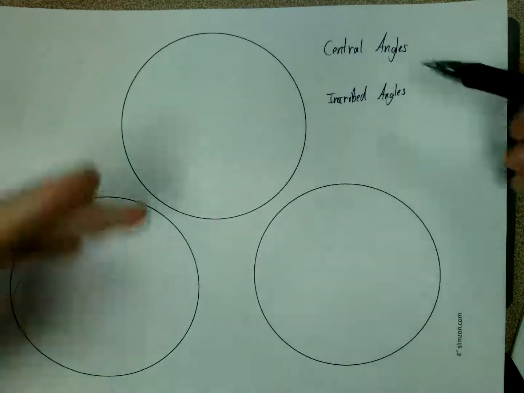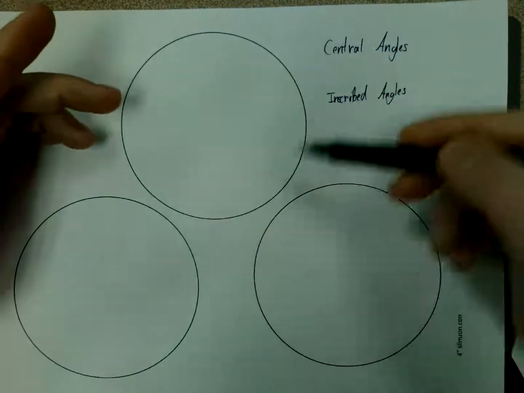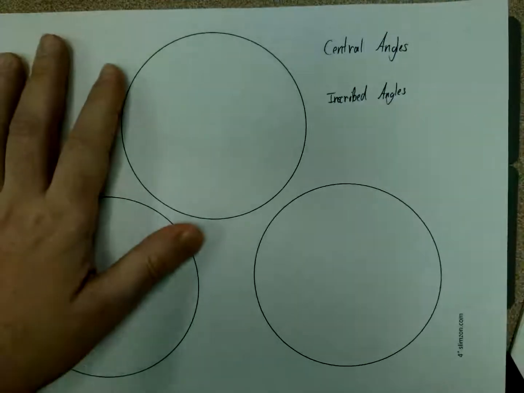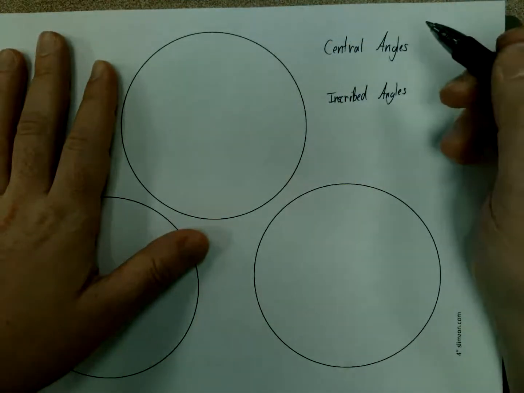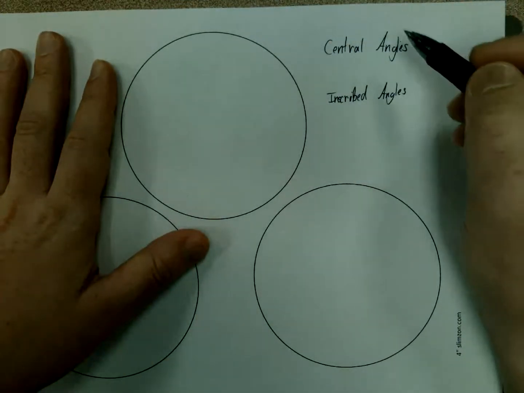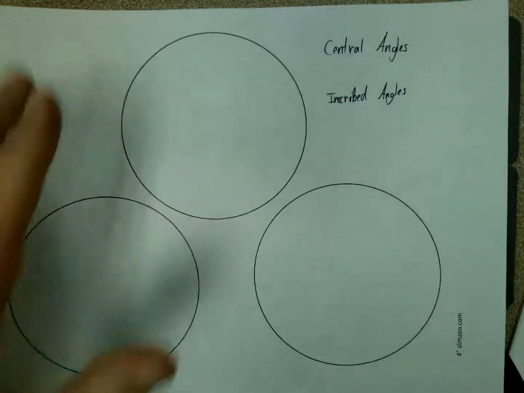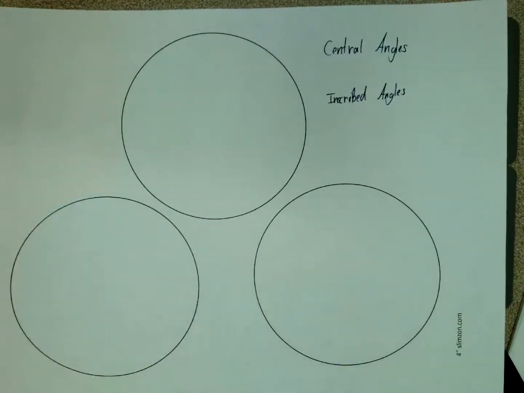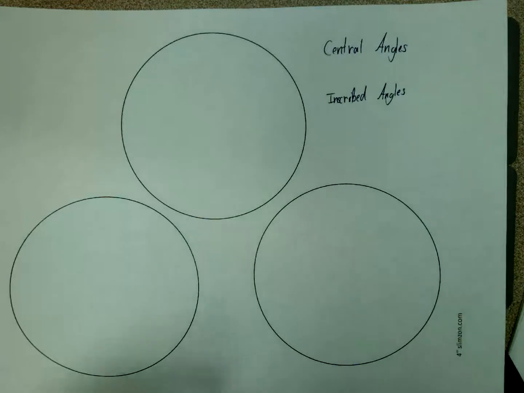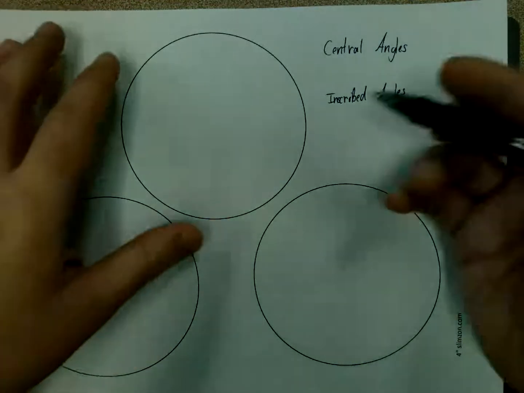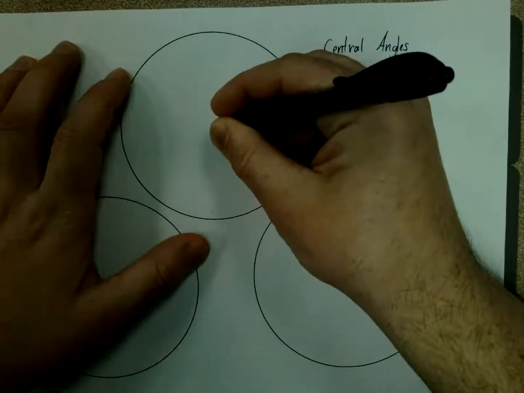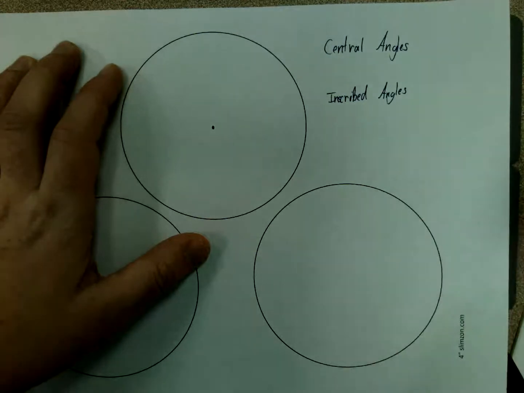So before we get in, we need to talk a little bit about this guy that's here, a circle. So when we are talking about a central angle and an inscribed angle, the trick is look for where the angle is in terms of the circle, more specifically the vertex.